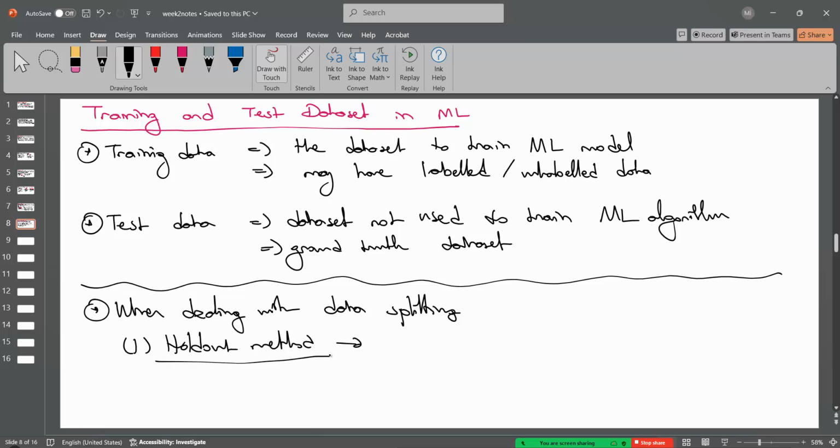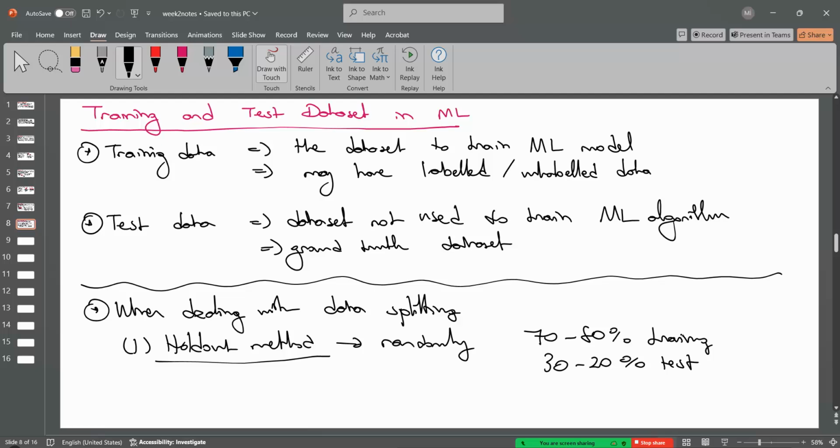In the holdout method, we randomly select 70 or 80% of the data as training data, and the remaining 30 to 20% can be selected randomly as test data.